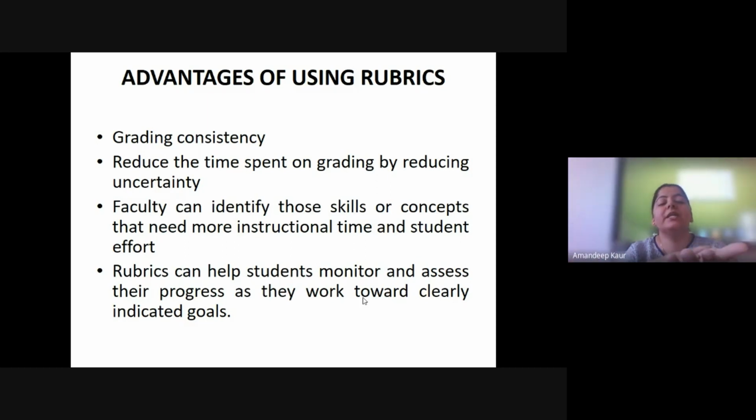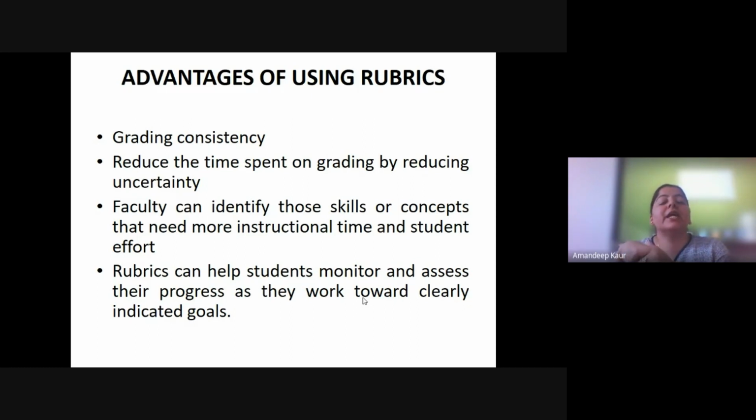The teacher knows that these are my limits, and up to these limits only I am going to define the level of excellence or level of grades in my class. So there is grading consistency, and once the criteria are defined at departmental level, it reduces the time spent on grading by reducing the uncertainty of the faculty.